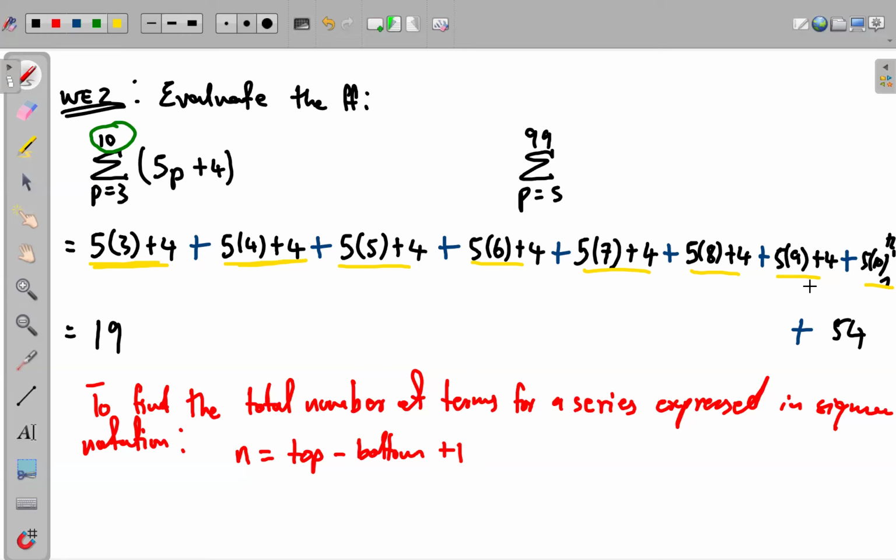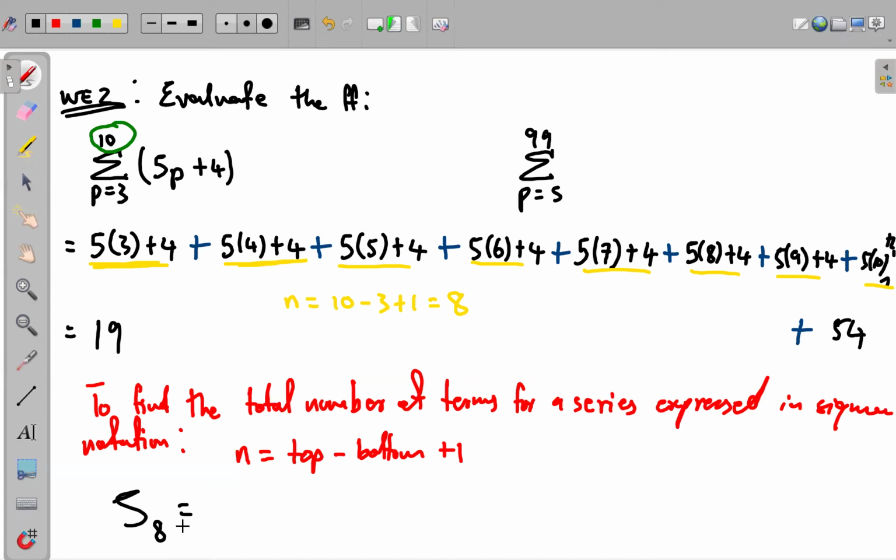So let's see. If I do 10, and that is the top one, and I subtract the bottom one, which is a 3, that's 7, and I add a 1, indeed I get an 8, which means you are actually trying to work out here the sum of 8 terms, not 10 terms.